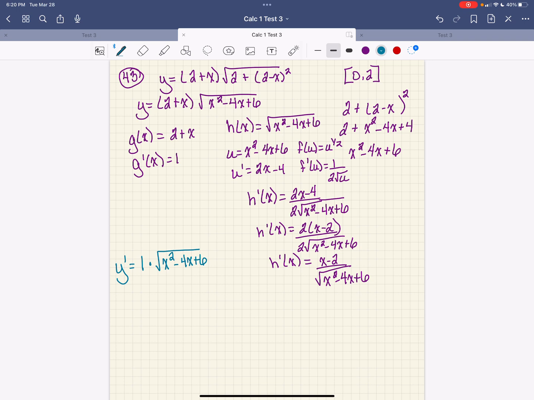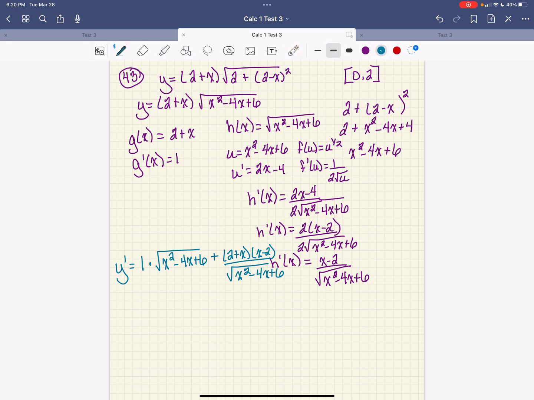And then I have my first function times the derivative of my second function, and that will be x minus 2 all over the square root of x squared minus 4x plus 6. So this is my first function right here, and this is the derivative of my second function. That's the product rule.